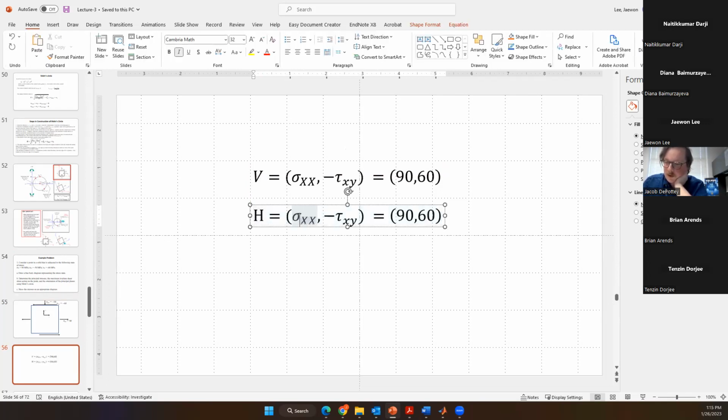It is sigma yy with positive tau xy, so it is minus 50 and minus 60.